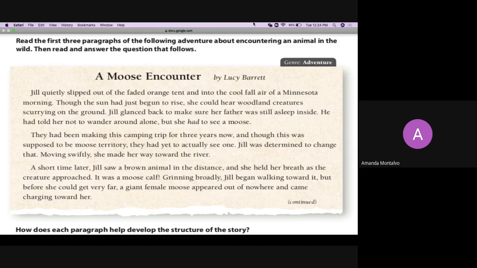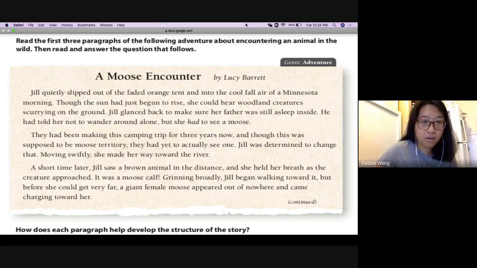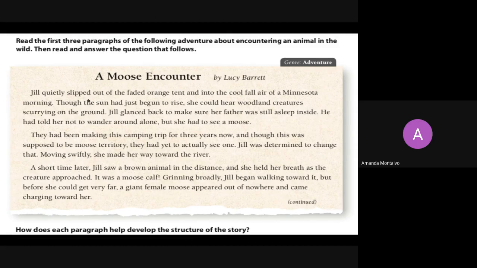Amanda, please. Amanda. All right, go ahead. Read the first paragraph. A Moose Encounter by Lucy Barrett. Jill quietly slipped out of the faded orange tent and into the cold fall air of a Minnesota morning.